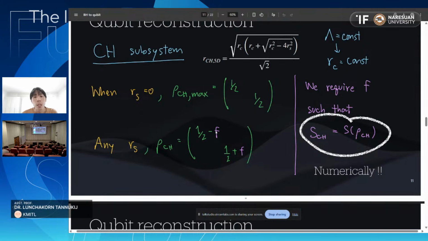So this is what I assume. This is what we require: that the cosmological horizon entropy must be equal to the entropy corresponding to this density matrix for all values of Rs.